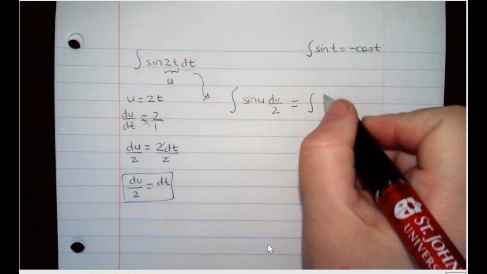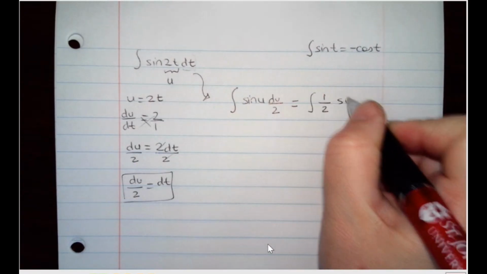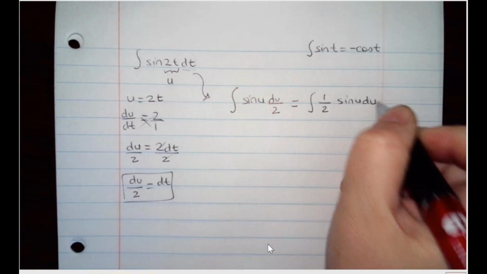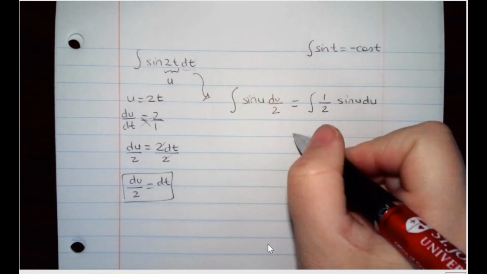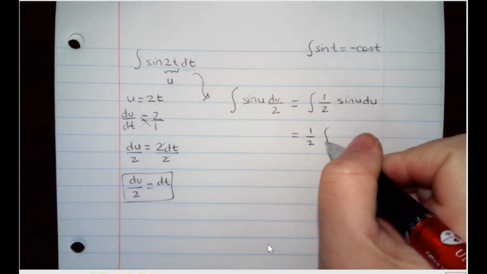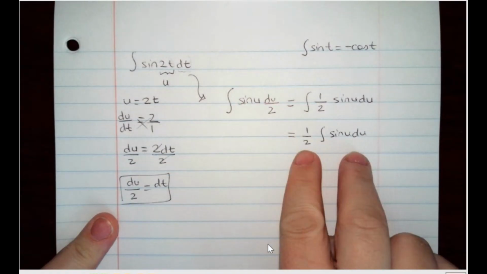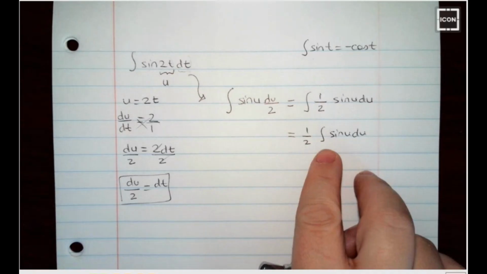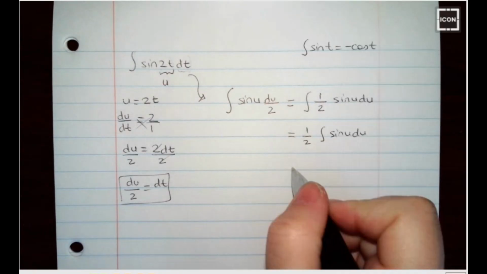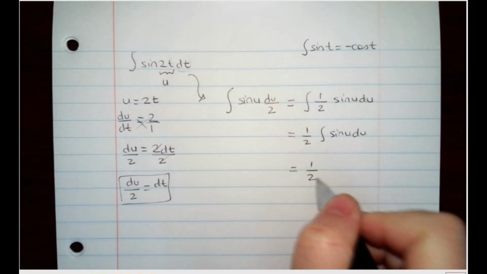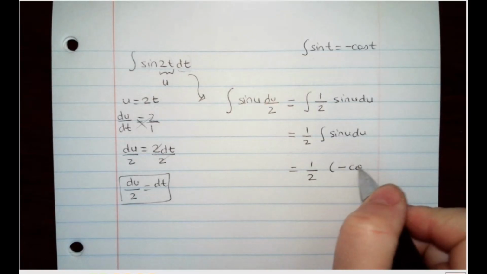You can just say this is 1 over 2 sine u du. And whenever we have a coefficient, we can take it out: 1 over 2 times the integral of sine u du. So we have the integral of the sine function, and that would be 1 over 2 times negative cosine of u.